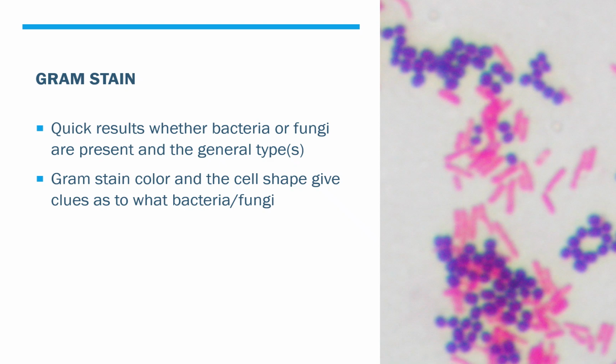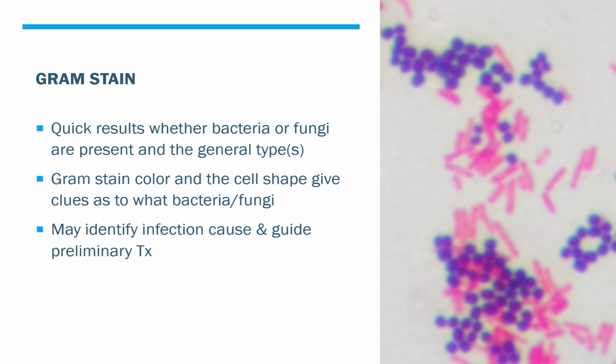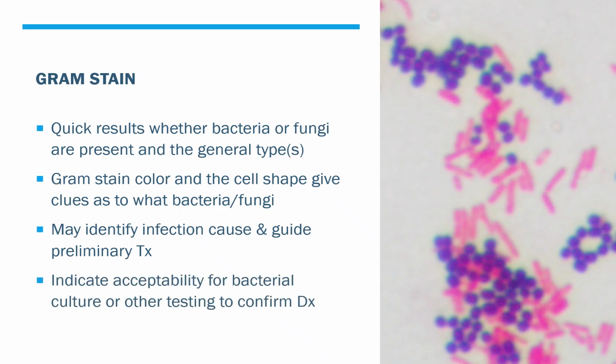And so the color and shape can help to identify or at least give a really good best guess early that can help to guide preliminary treatment, and it may also be the indication to go ahead and move forward with a culture that will take much longer to get results on. But again, the benefit is to get the specific identification and antibiotic susceptibility testing.